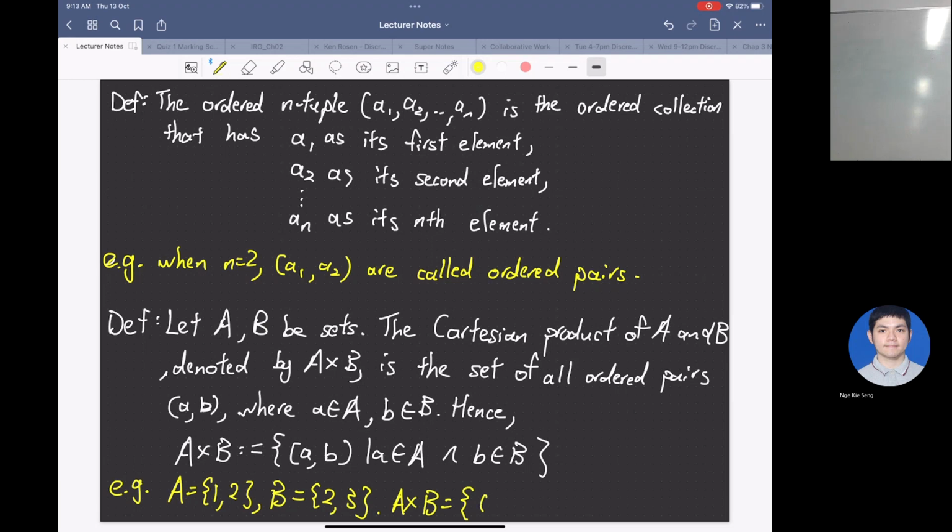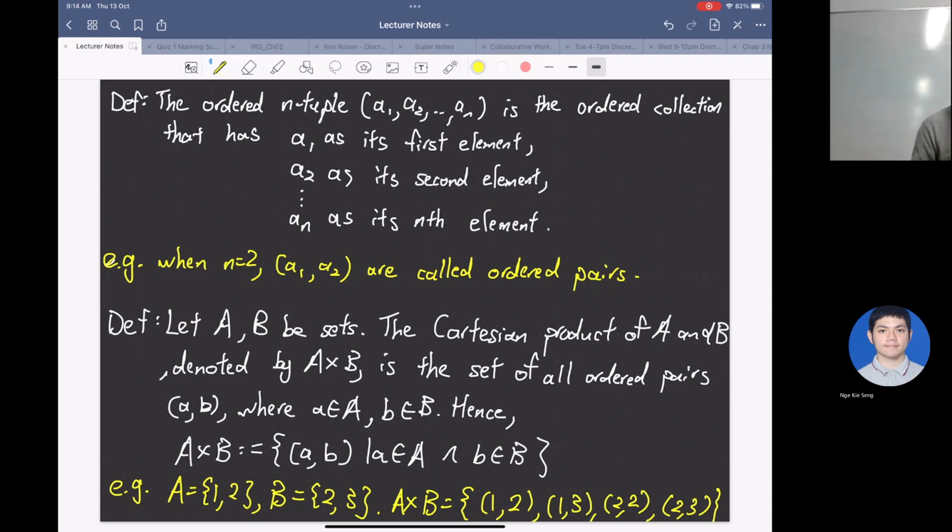Yeah, ordered pairs. The first one is coming from the first set, and the other one is coming from the second set. (1, 2), (1, 3), (2, 2), and (2, 3). Okay, good.